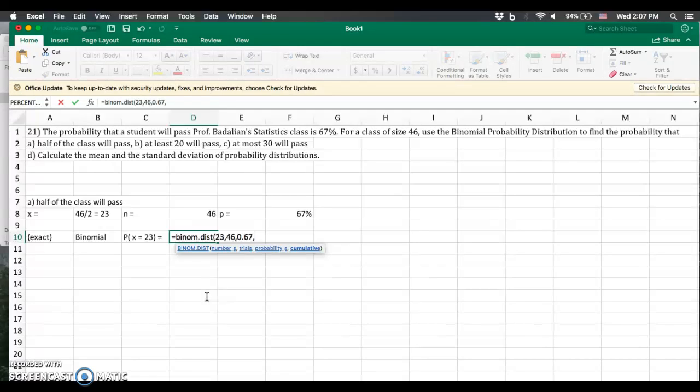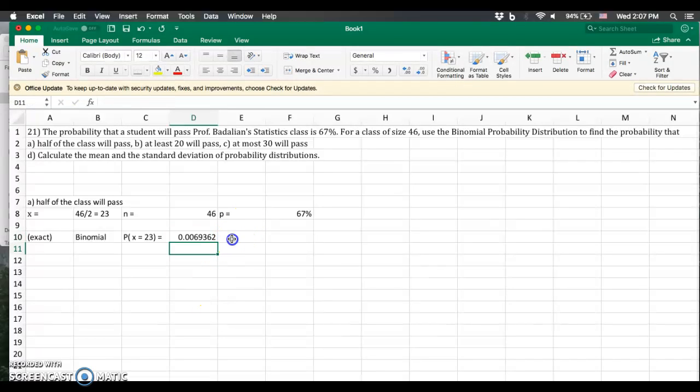Since we already talked about this being exact, it's non-cumulative, 0 for false. So it's about 0.69, 0.7%.